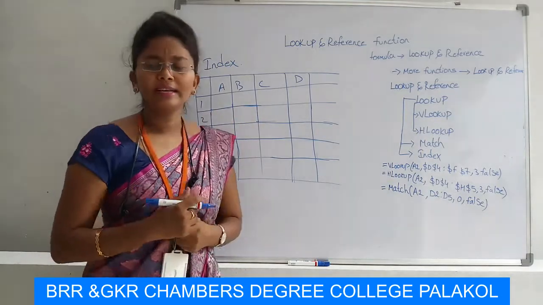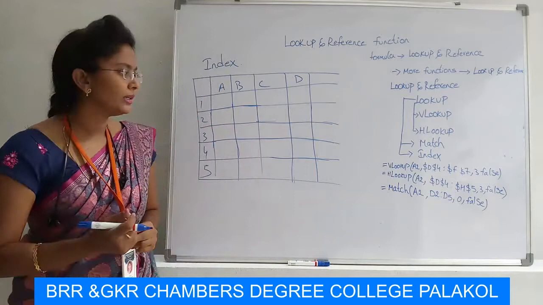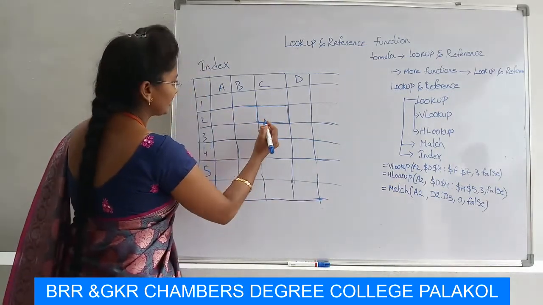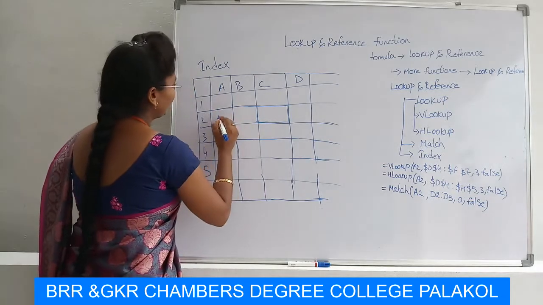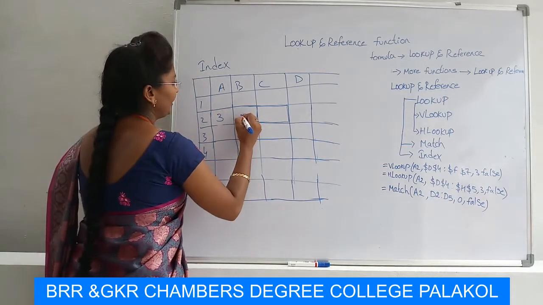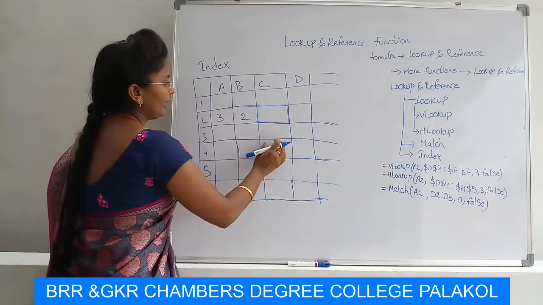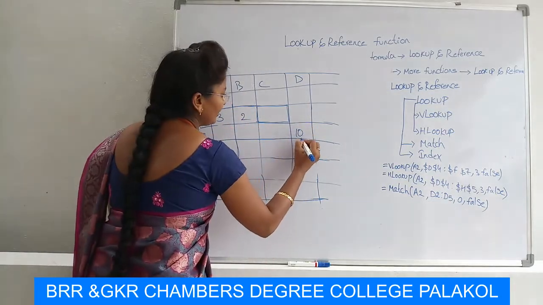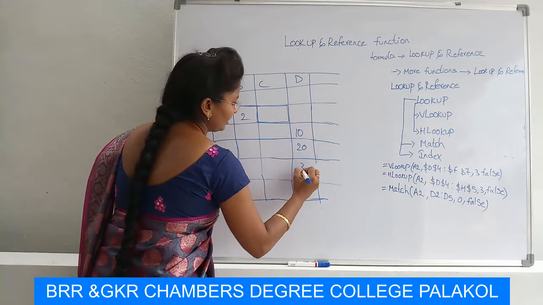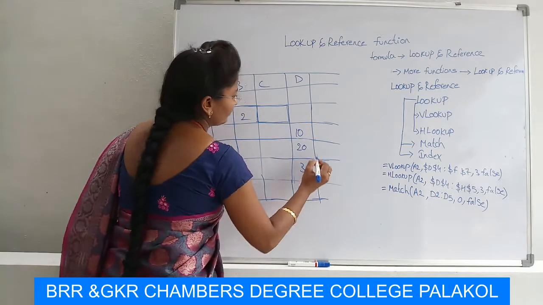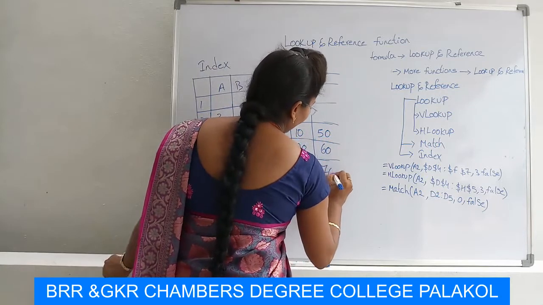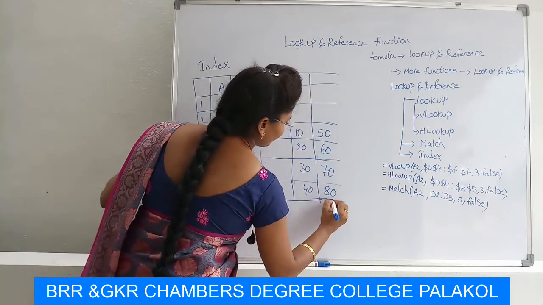And for the INDEX function, I am entering the numbers. Next, I have to enter the data in the Excel sheet. Here, I am taking the A2 cell as 3, the B2 cell as 2, and I am entering the data in the D3 cell here: 10, 20, 30, 40, 50, 60, 70, and 80.